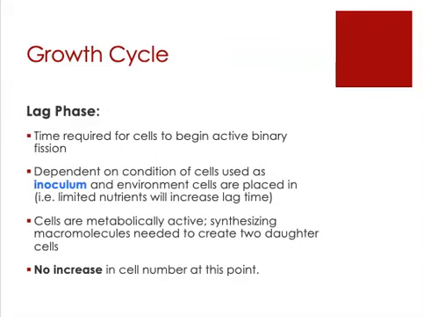We got to build the divisome and build the septum and wait for the septum to contract and split the parent cells in 2. So yes, there is a period of time at the beginning of culture when you don't see an increase in cell number because the cells haven't quite hit that part of binary fission yet.